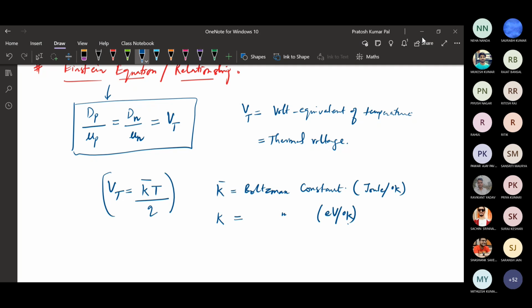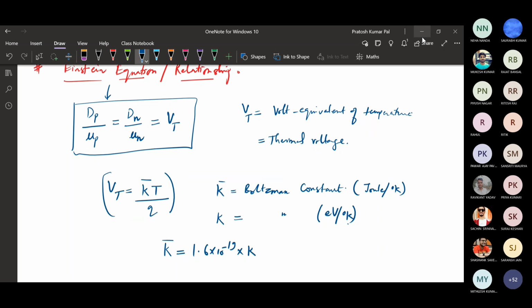K bar is given by 1.6 into 10 power minus 19 into k, because k is in electron volt per degree Kelvin. To convert electron volt per degree Kelvin to joule per degree Kelvin, we multiply by 1.6 into 10 power minus 19, that is q, to k to get k bar.